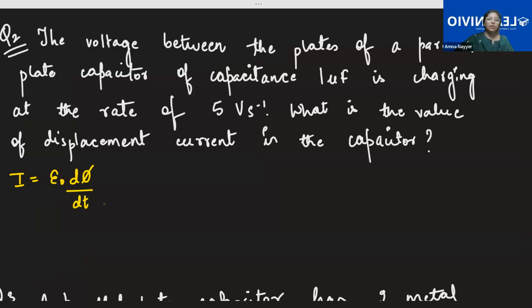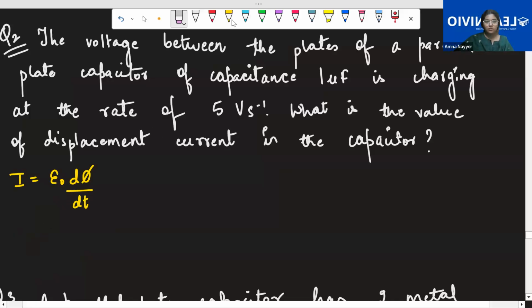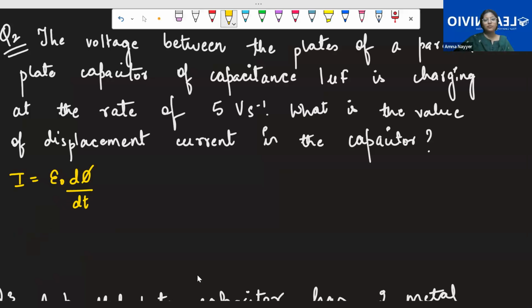Now, if I use the equation of the capacitance, this is what is the value of the displacement current, and what are you provided with? You are provided with the voltage and the capacitance.